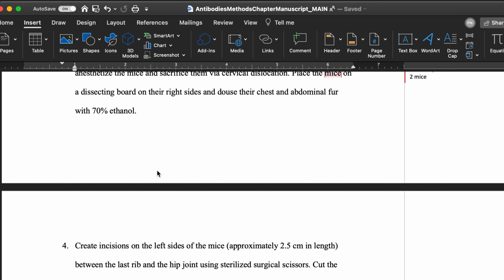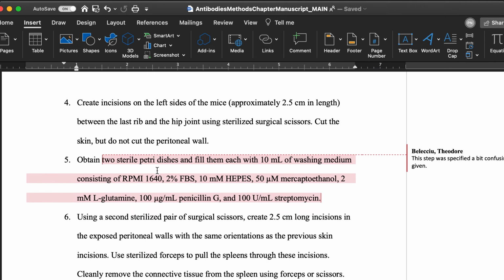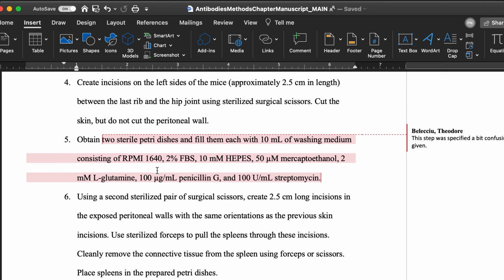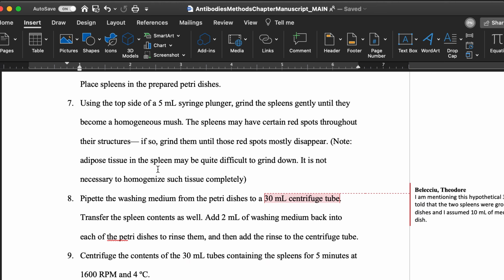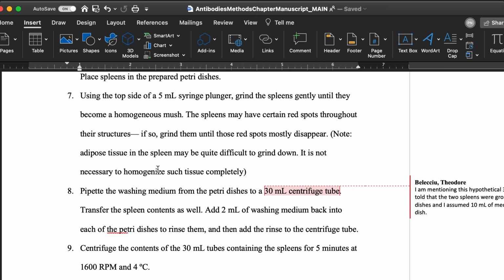I began writing these, but I had some misunderstanding regarding the wordings of some of what she said, namely, in one particular instance, she mentioned the incorporation of two different mediums. There's a cell culture medium and a washing medium, but it wasn't clearly specified which was added to the petri dishes before the addition of the spleens.